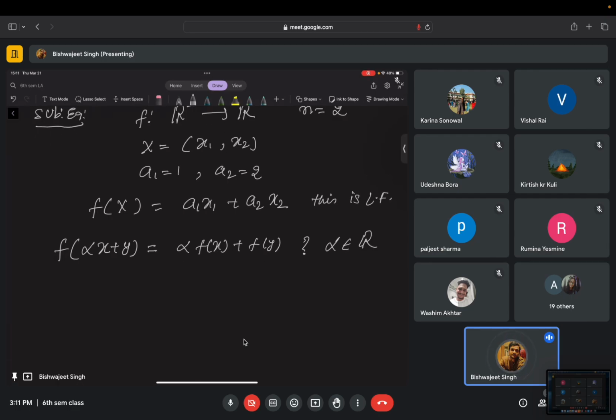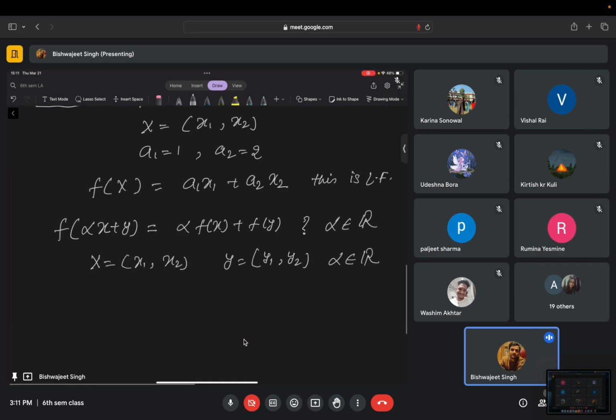So let me take the x vector as x1 comma x2, the y vector I am taking as y1 comma y2, and alpha is some number that is in R. So what is my f of alpha x plus y?